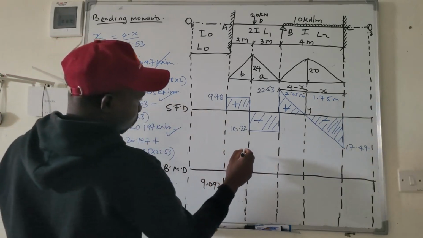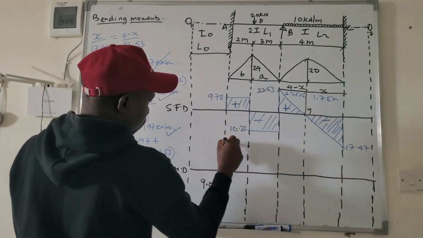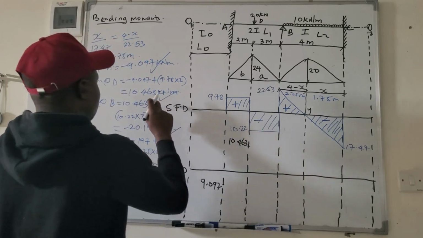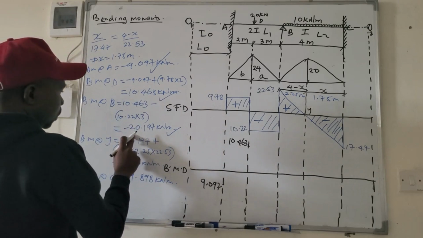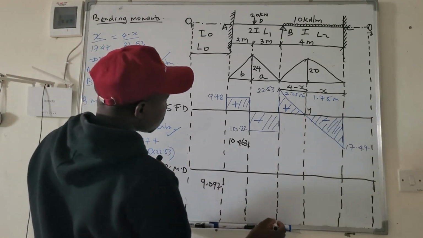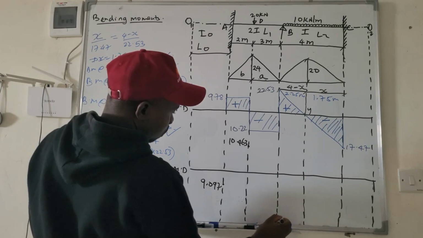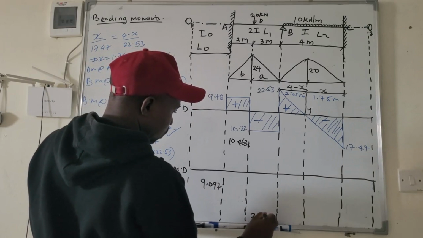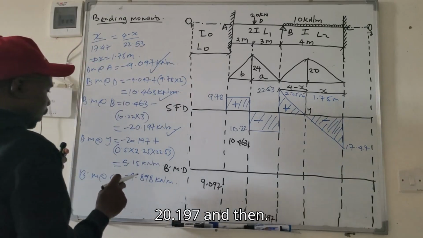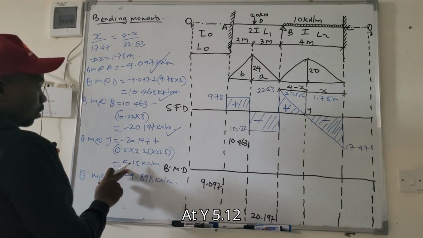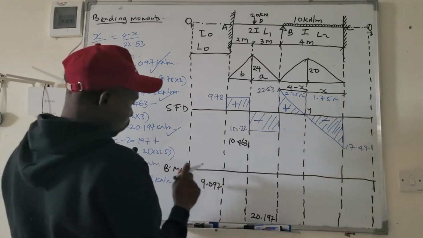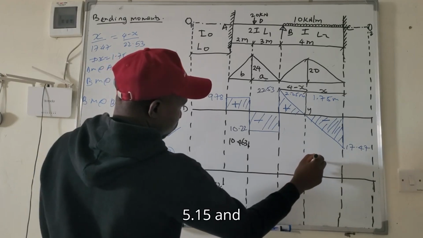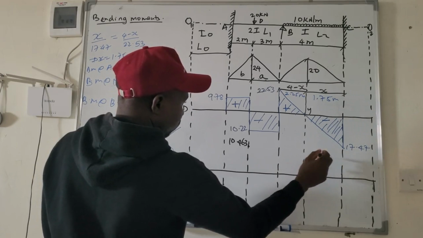It's positive. And then at B, negative 20.197. And then at Y, 5.15.